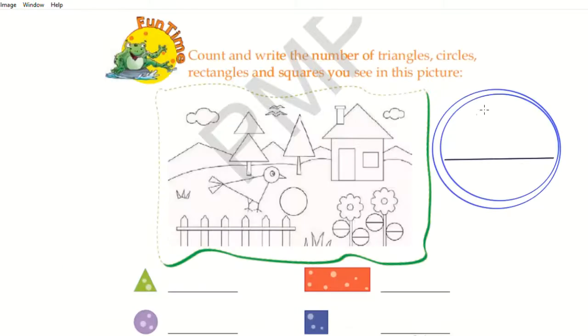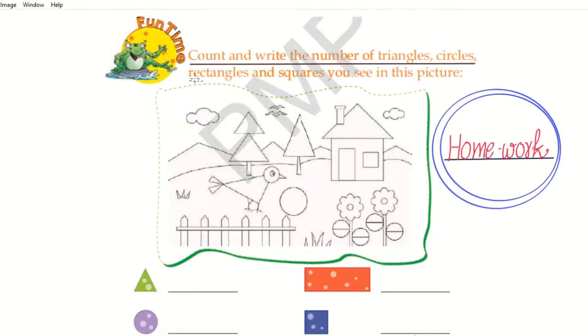Now children, it is fun time and it is your homework. Count and write the number of triangles, circles, rectangles, and squares you see in this picture.